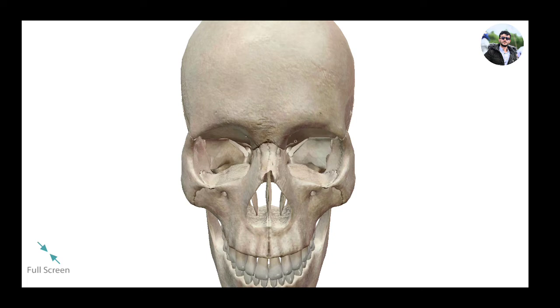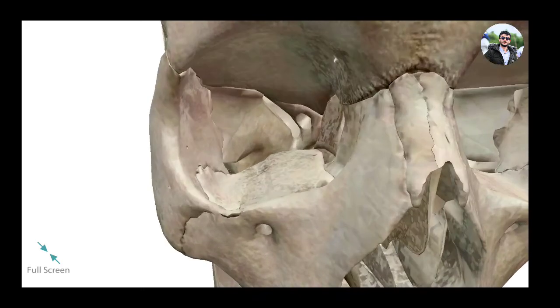And if we focus here, there is a suture between the nasal bone and the maxilla bone.